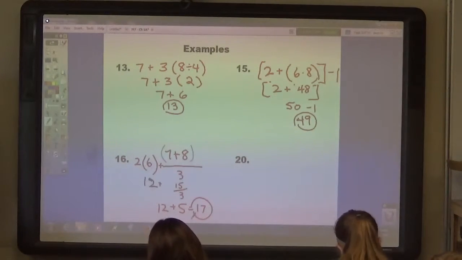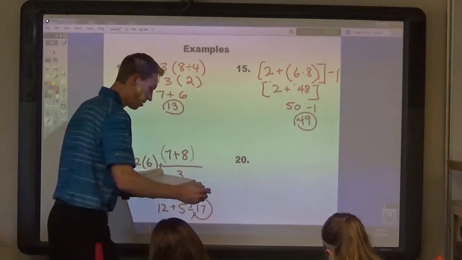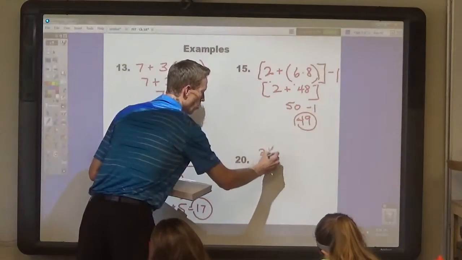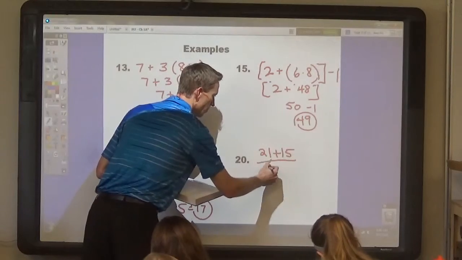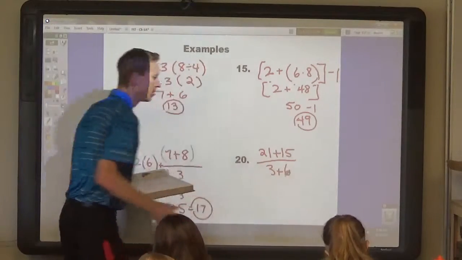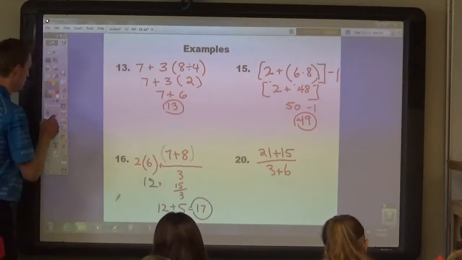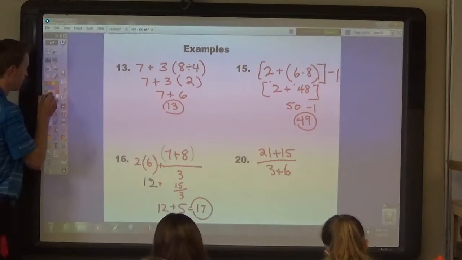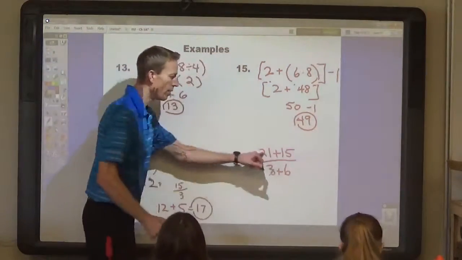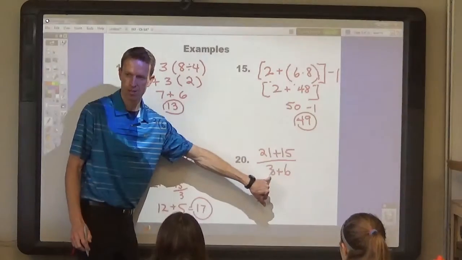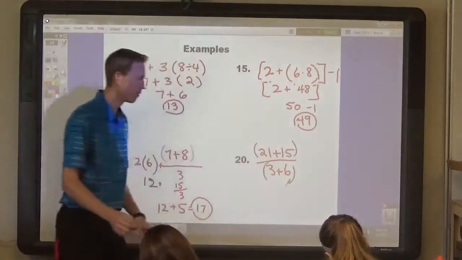And then number 20. It's similar, it has that division bar. So, 21 plus 15 over 3 plus 6. Okay? Now, don't do 21 divided by 3 first. We want to simplify on the top and the bottom first.